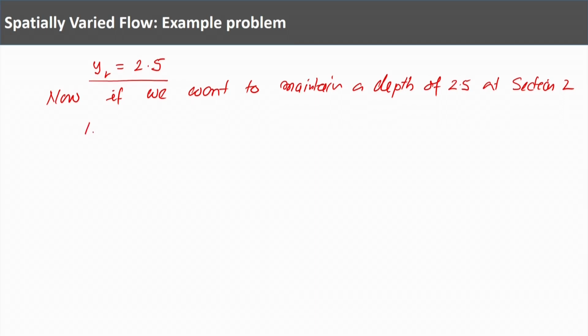Therefore, I can write E equal to y2 plus V2 square by twice g. Energy is constant, and we know that it is 2.875.